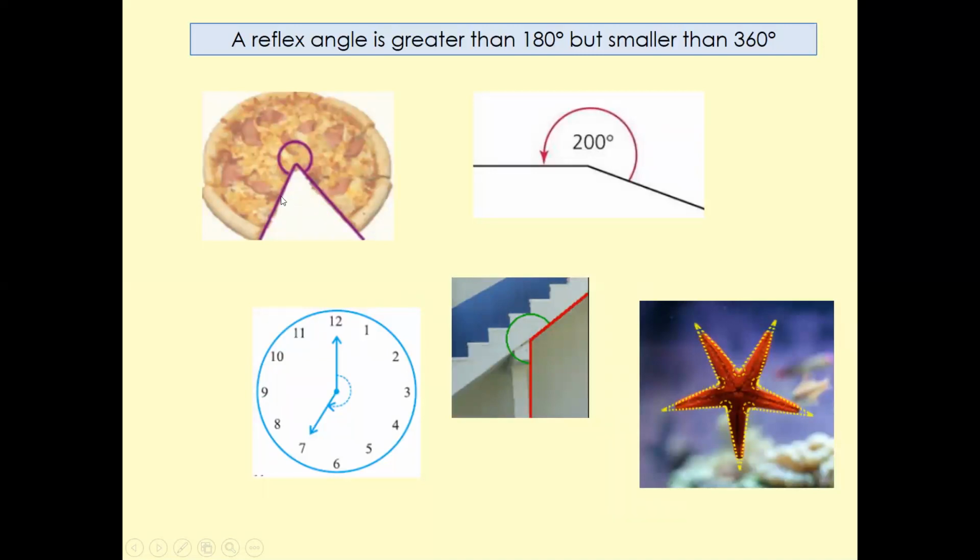That's less than 90 degrees, so that is an acute angle. If you measure this angle there, that is greater than 180, so that is going to be a reflex angle. Again, think of a few examples where you can spot a reflex angle.